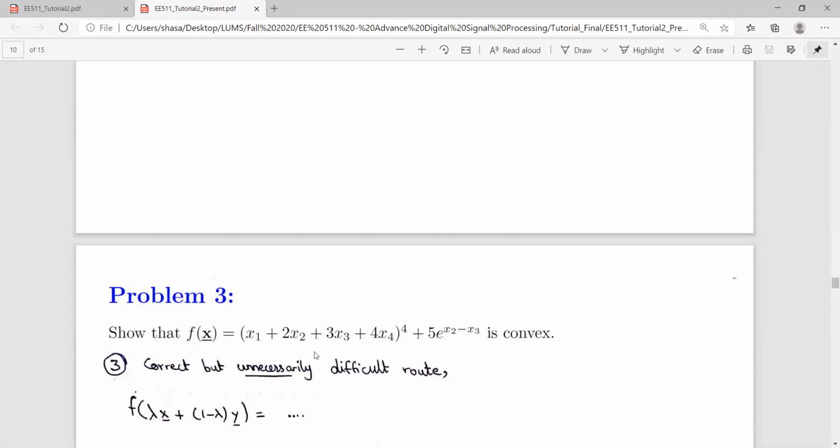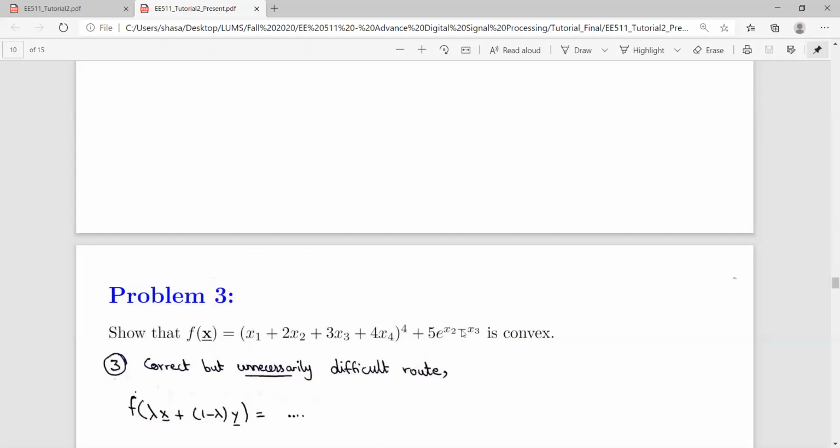But f1 is still a fairly complex function. Let me call this whole thing z1, where z1 is once again another scalar. If I can show that z1 power 4 is convex, that I can probably do. Similarly, if I can show that e power z2 is convex, that may also be something I can do.